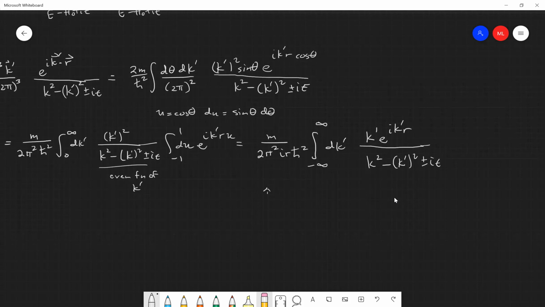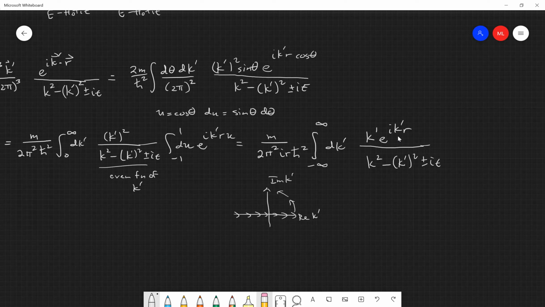You're in the complex k prime plane, your integration's over here, and you could close the contour upstairs like that, because we know if k prime has a large imaginary part, then this exponential will be large and negative in the exponent. And so this will be exponentially suppressed up here.